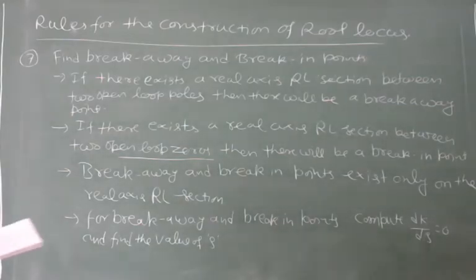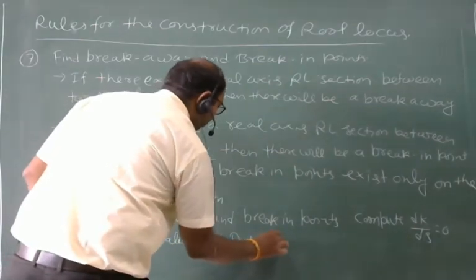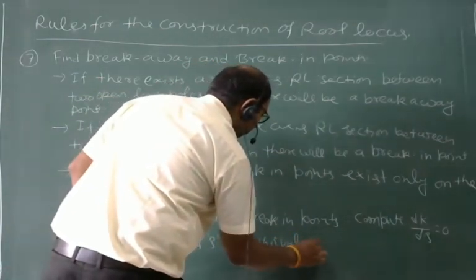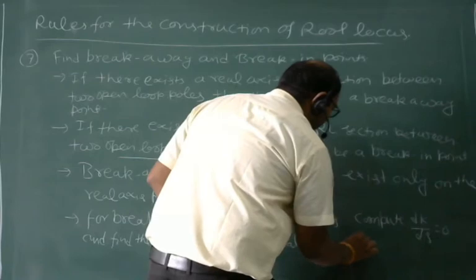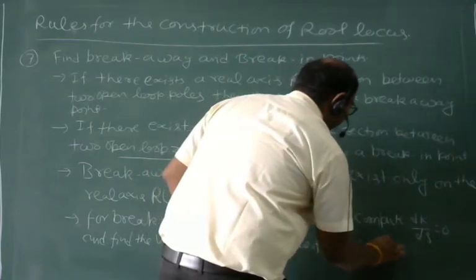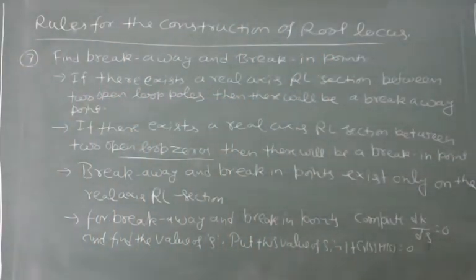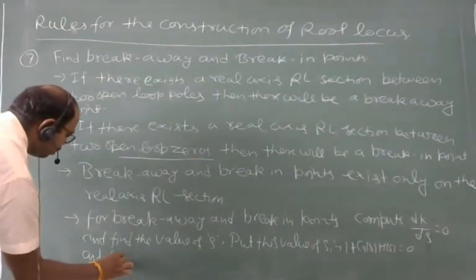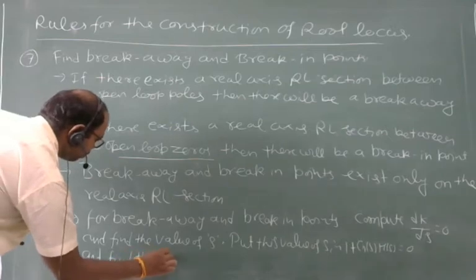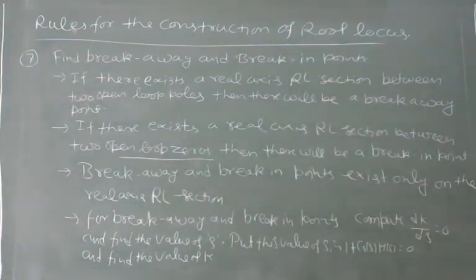Then put this value of s in 1 plus G(s)H(s) is equal to 0 and find the value of k.